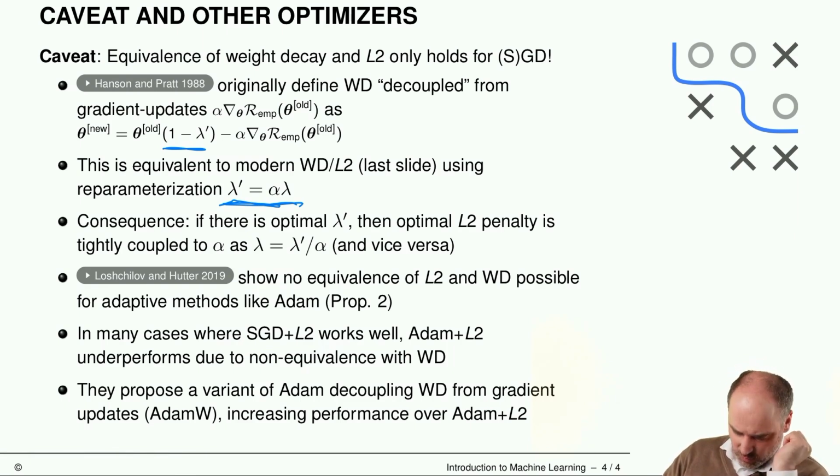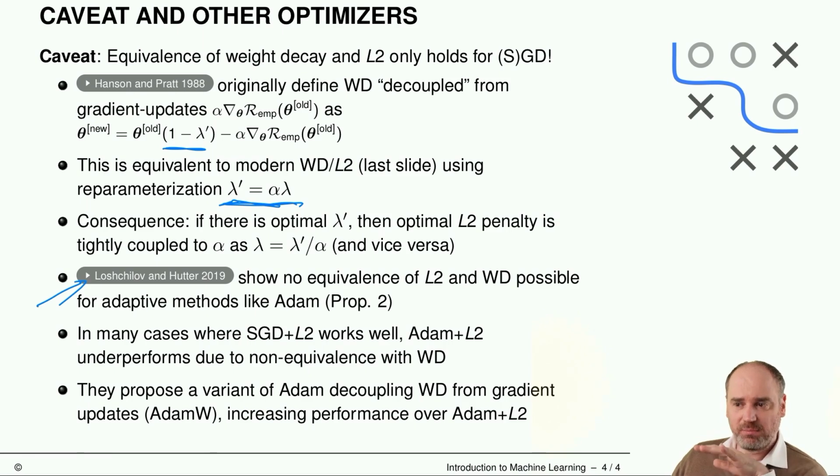If you look into a more modern paper here by Loshchilov and Hutter, they actually show that there's no equivalence between L2 and weight decay in the context of adaptive methods like the Adam optimizer. And these are actually the optimizers we are usually using in practice when we optimize things like neural networks, right?